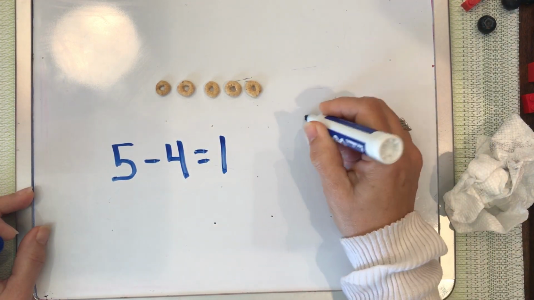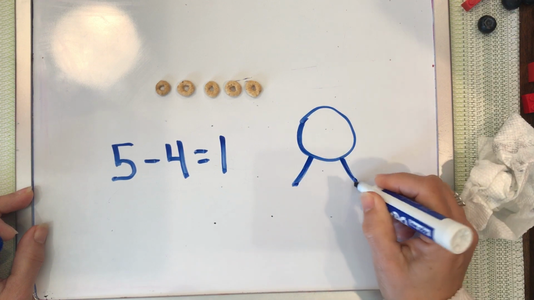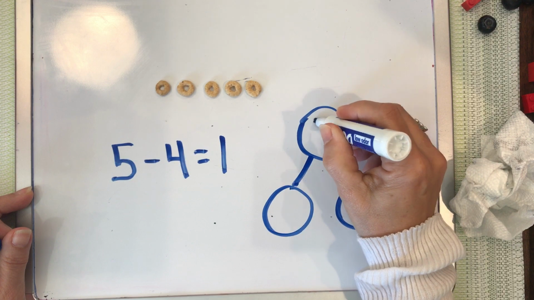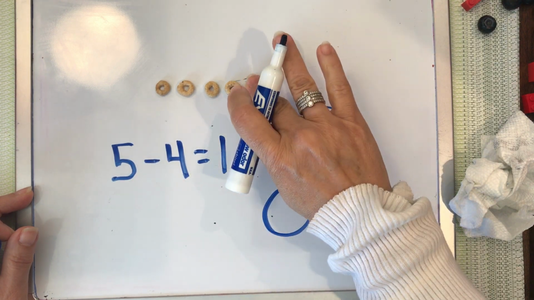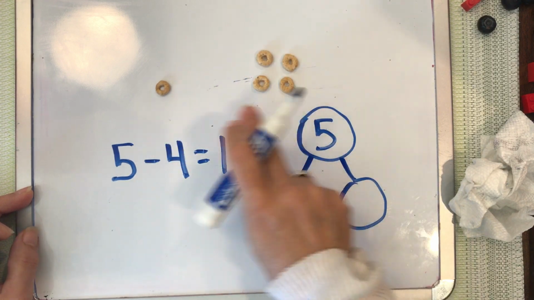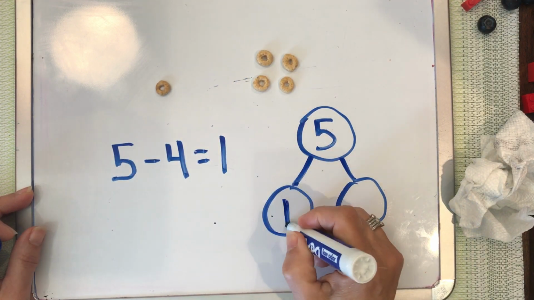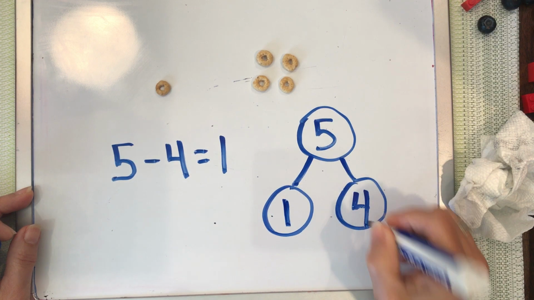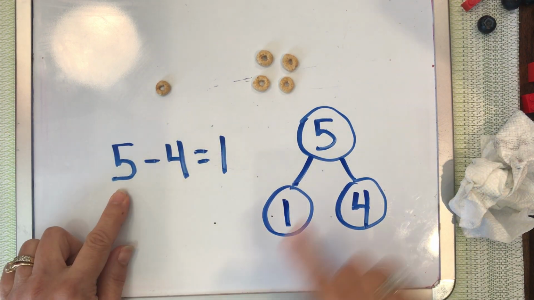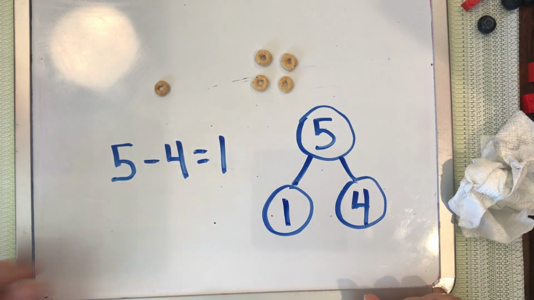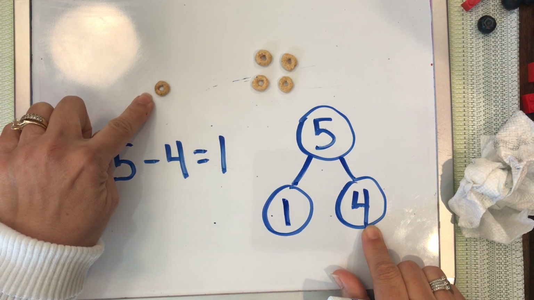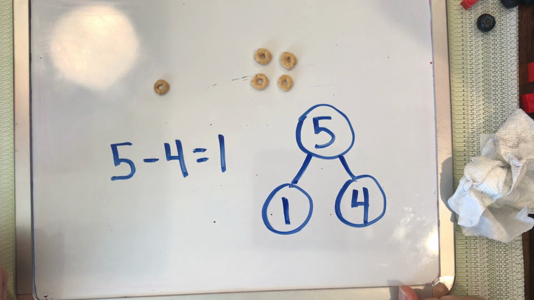That's what we had. So if you were to represent this in a number bond, your whole is 5. So that would still go there. You're taking 4 away. 1, 2, 3, 4. Now you can see your parts. 1 and 4 are your parts. And there you will have all 3 numbers in your number bond. The 5, which is the whole, what you start with. And then 4 is one part. That's the part you took away. And 1 is the part you have left.